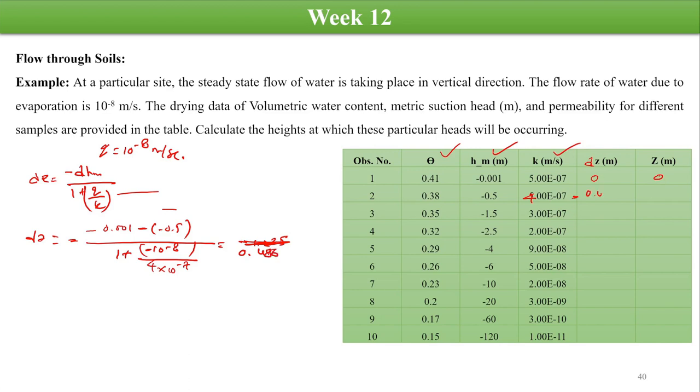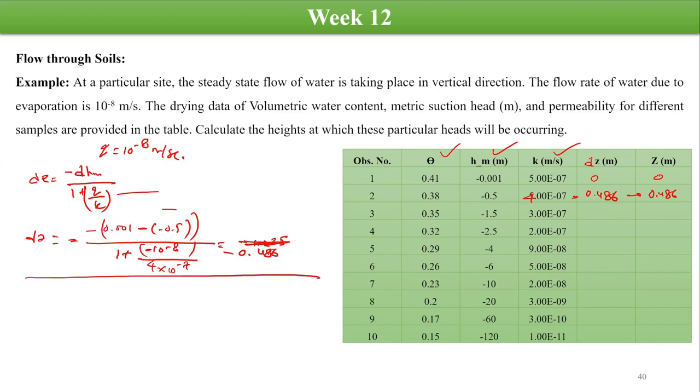So we'll write here 0.486, right? And here we'll get the capital Z, that is cumulative, as 0.486. We are neglecting the sign of these values.